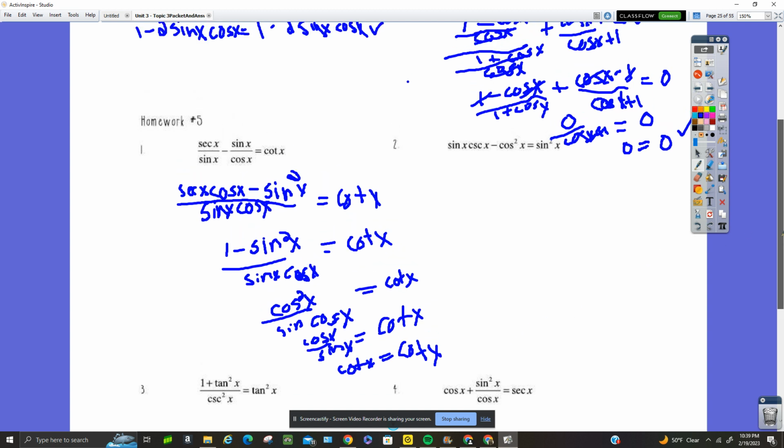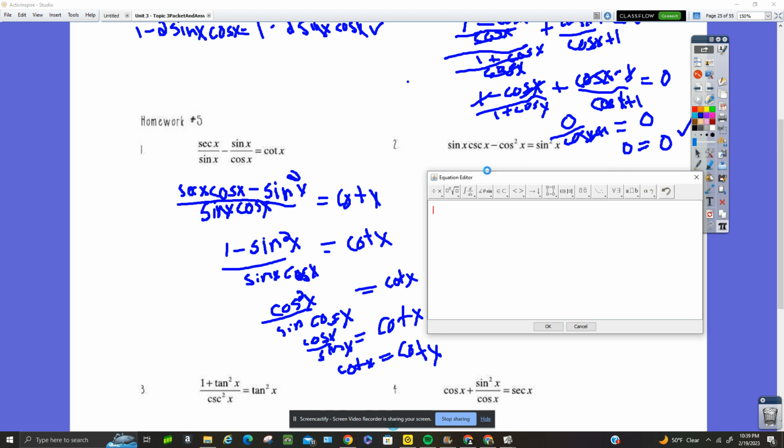Let me switch over to the equation editor here. So for this one, we have sine x times 1 over sine x minus cosine squared equals sine squared.